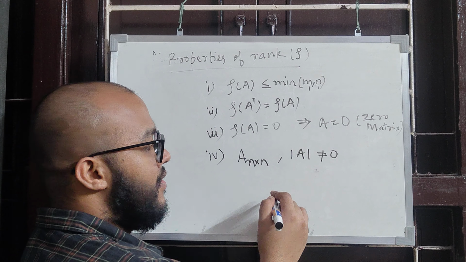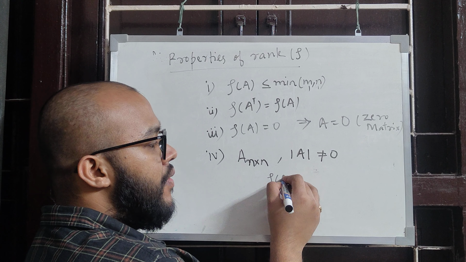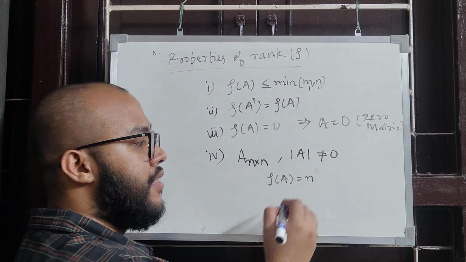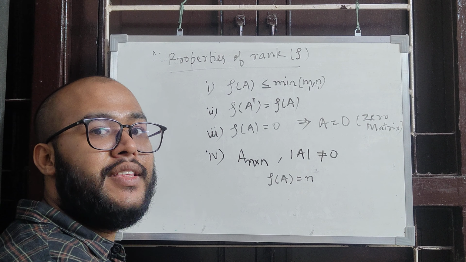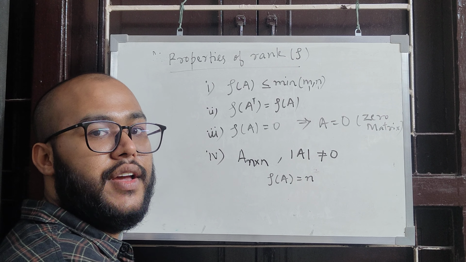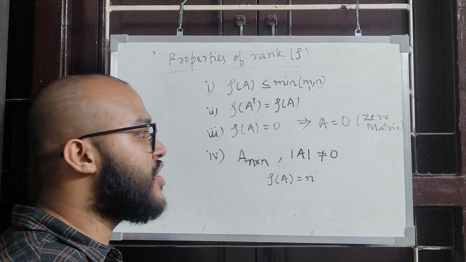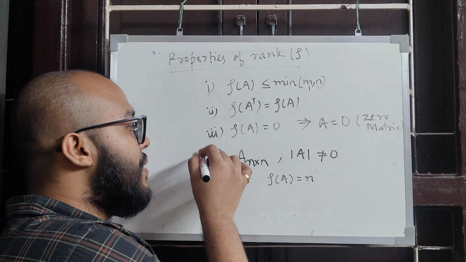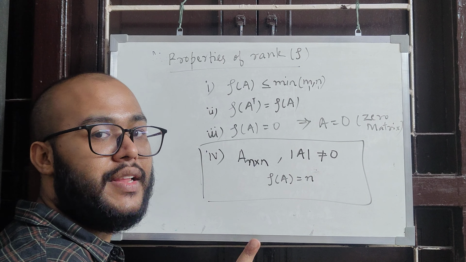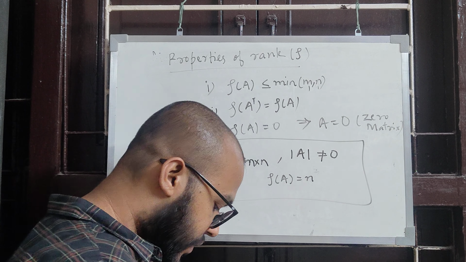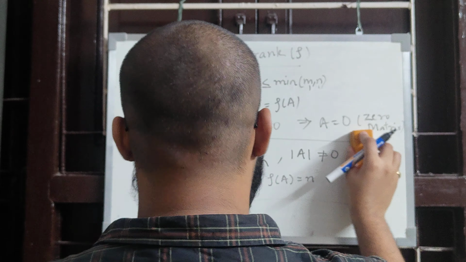Then in that case, rank of A will always be n. We will use it widely when we deal with linear equations. In coming videos, we will deal with linear equations. In that scenario, remember this one. It will help you a lot. Okay, so that's it for properties of rank.